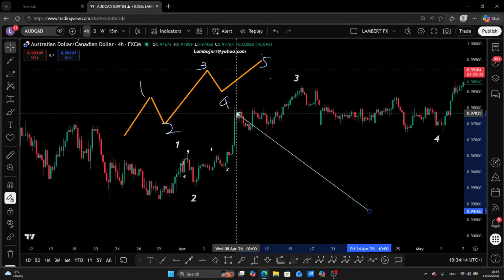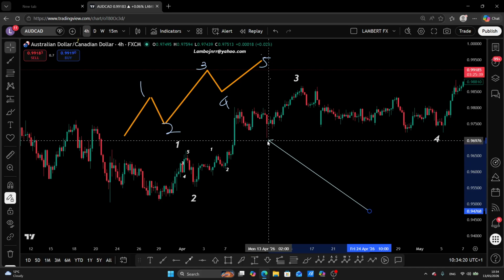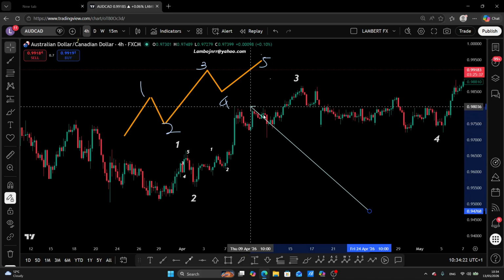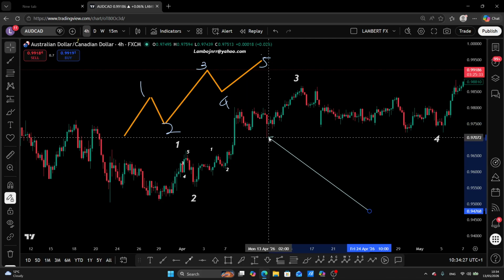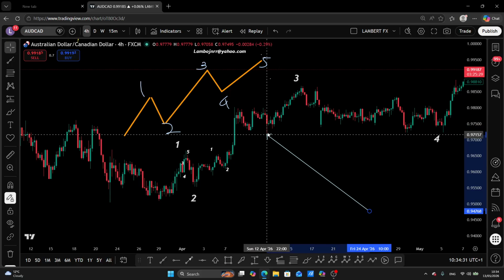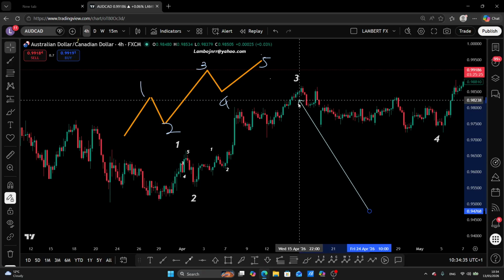Then you have your 4 here, which is a 3-3-5 flat correction for 4, and then you have your final 5-leg up, 1, 2, 3, 4, 5 for our 3.